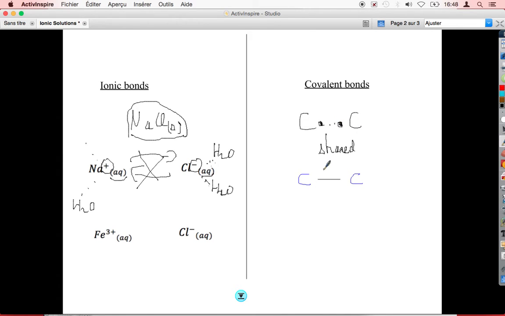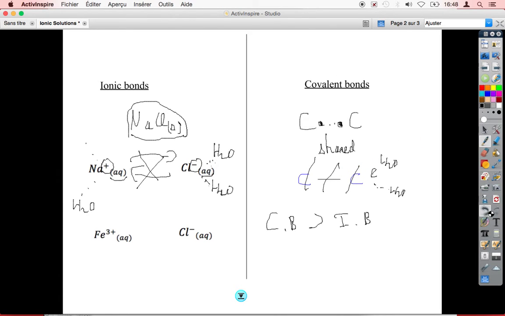And as you can guess, covalent bonds are stronger than ionic bonds. That's why, with water, if water attracts the different parts of the molecule, we cannot split the molecule into pieces. We cannot do that because covalent bonds are stronger than ionic bonds.